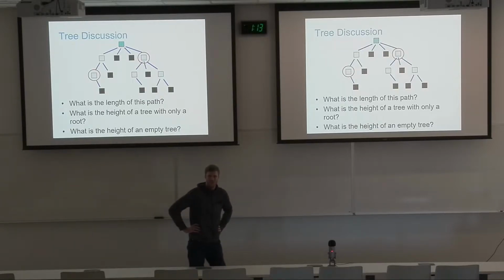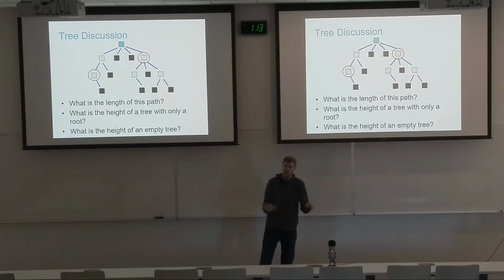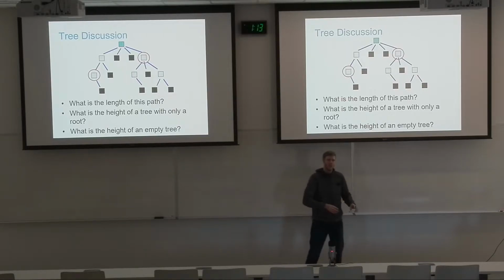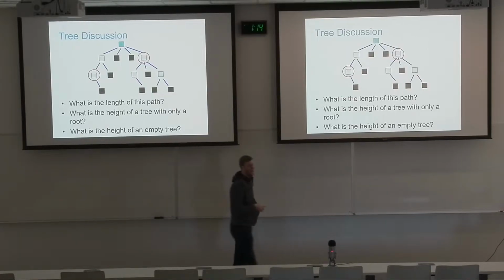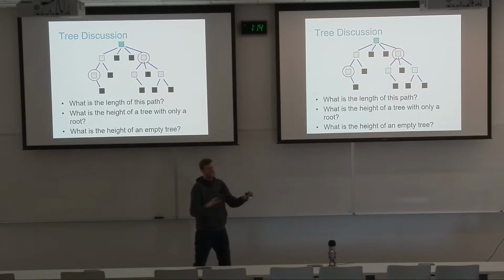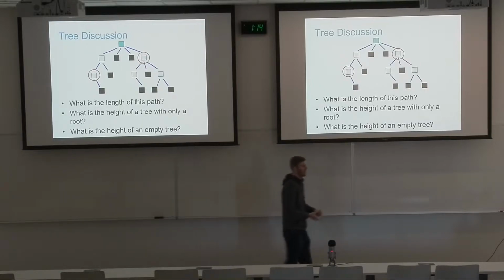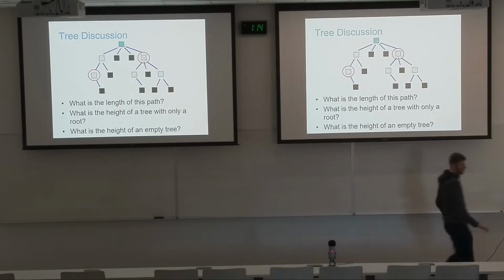Because there are no edges to count. So a tree with only a root has a height of 0, which is kind of funny to think about, but by our definitions, that's what it is. Then, weirdly, what's the height of a tree with nothing in it? Well, we're just going to say that's -1. An empty tree has a height of -1. Kind of weird to think, but that's what we're going to go with.